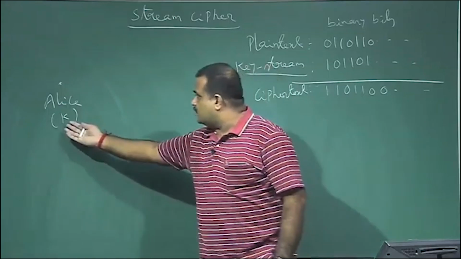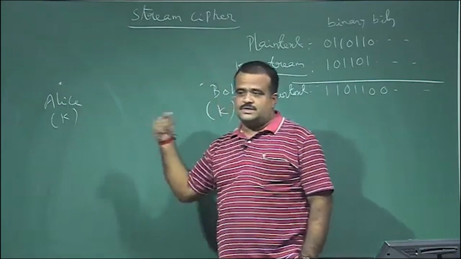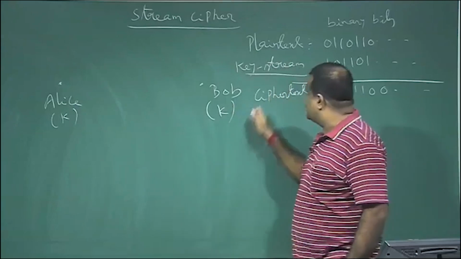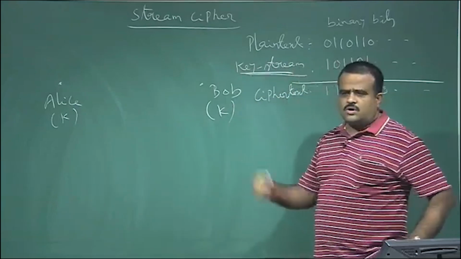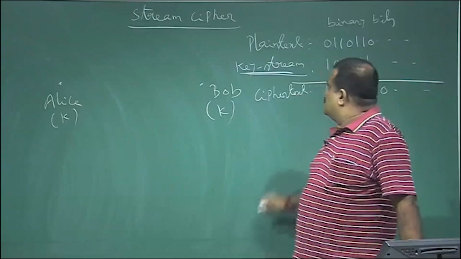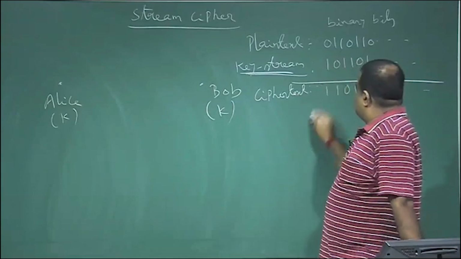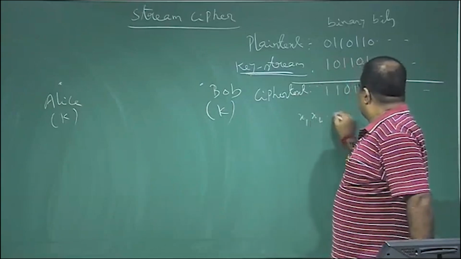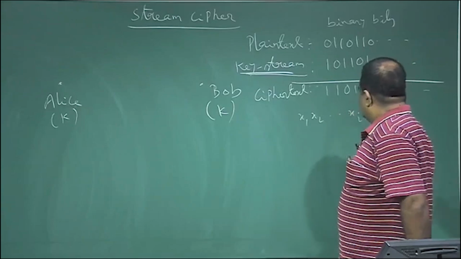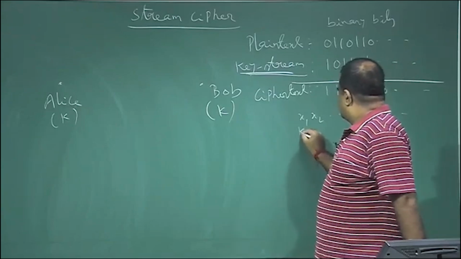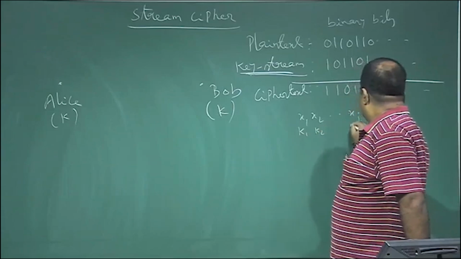So they have a common key K, and from this K one has to get this key stream. So we will talk about some key stream generator, which will give us the key stream. We have the plain text bits xi and so on, and we have the key stream bits k1, k2, ki.